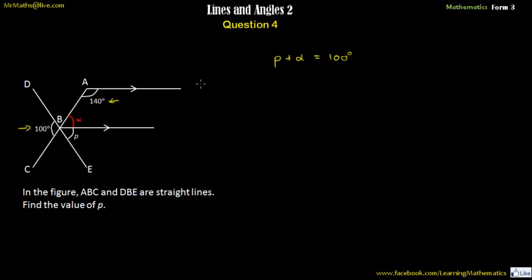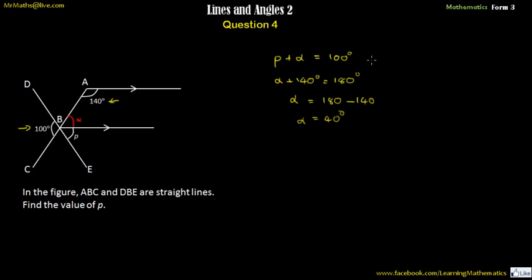The total of two interior angles is 180. So alpha plus 140 is equal to 180 degrees. So alpha is now equal to 180 minus 140, which is 40 degrees. So this is the value of alpha.